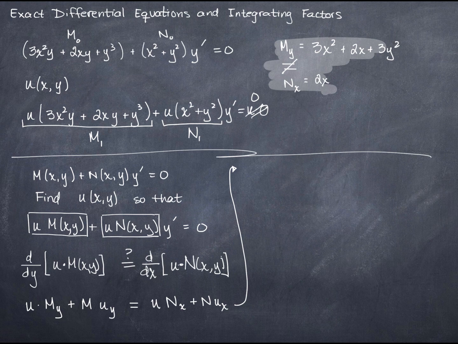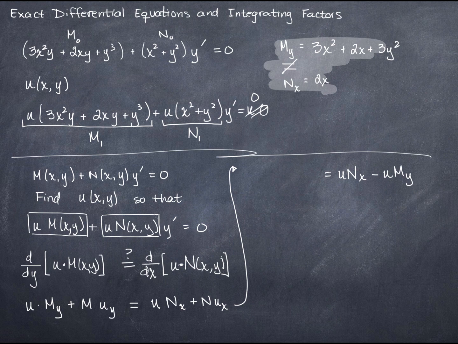And I think I'm going to put my u's on the right-hand side. So I'll put my equal sign there. I'm going to say u times N sub x, and that's already on the right-hand side. I'm also going to subtract this quantity from both sides. That's going to give me minus u times M sub y.